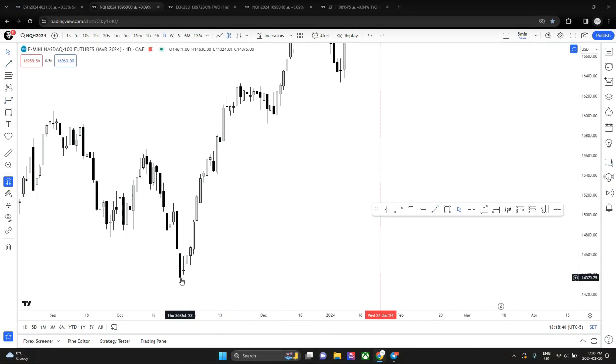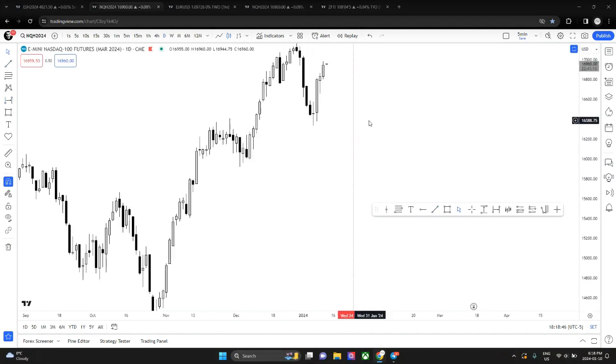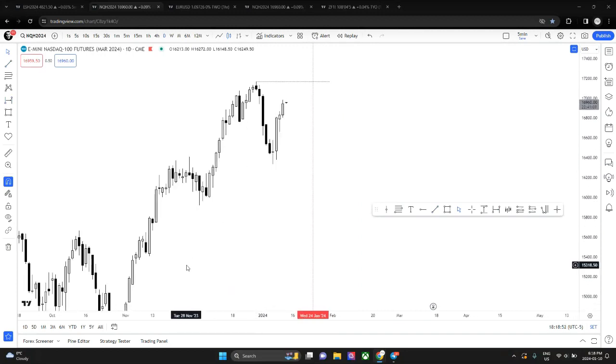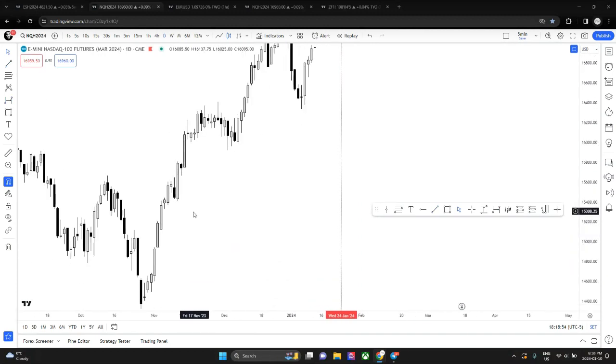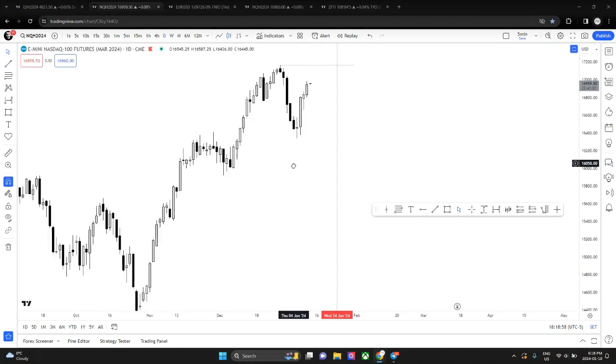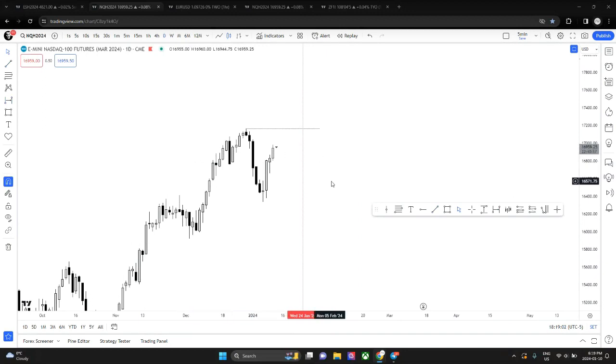From this low, which is where price shifted within the last 60 days, we've been going up with barely any pullbacks, right? Right now, we are getting really close to where the next quarterly shift should take place.